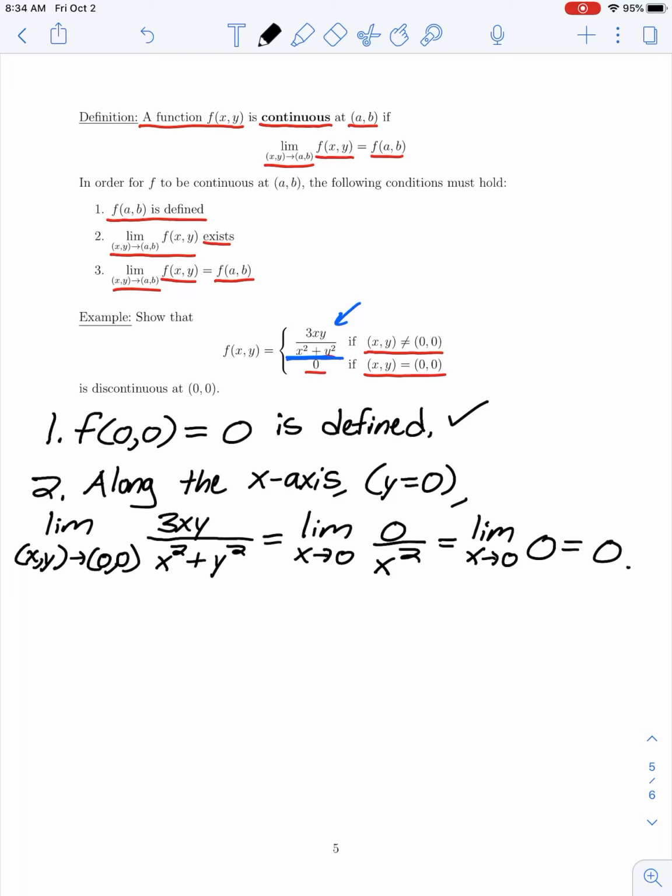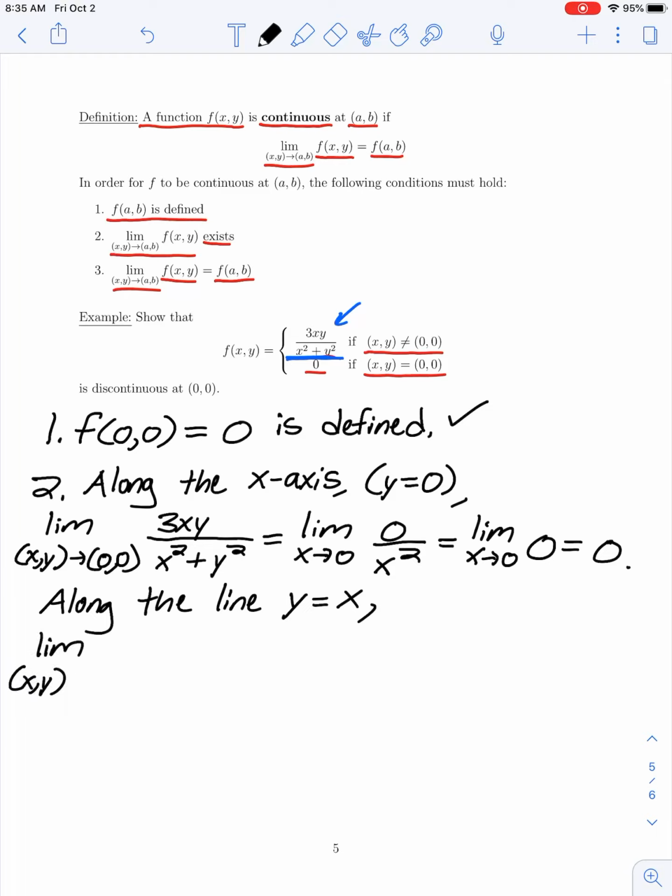So we get a 0 limiting value along the x-axis. Now we can see pretty quickly, if we were to consider approaching along the y-axis, where x is equal to 0, that we would also get a limiting value of 0. So let's try another line. Say along the line y equals x.